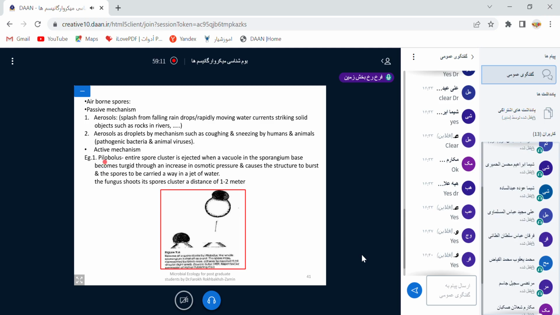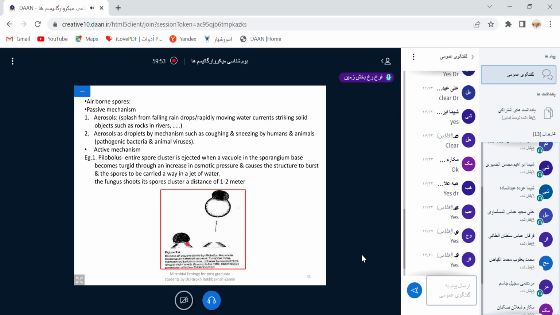For example, there is a fungus called Pilobolus. The entire spore cluster is ejected when a vacuole in the sporangium base becomes turgid through an increase in osmotic pressure, and causes the structure to burst, with spores carried in a jet of water.